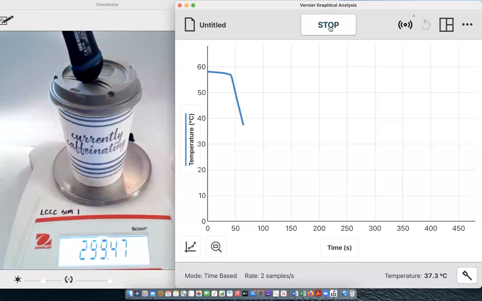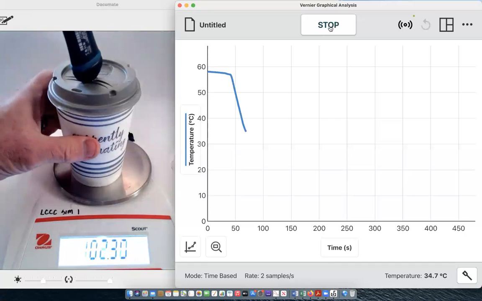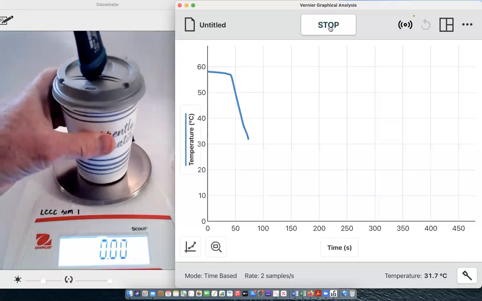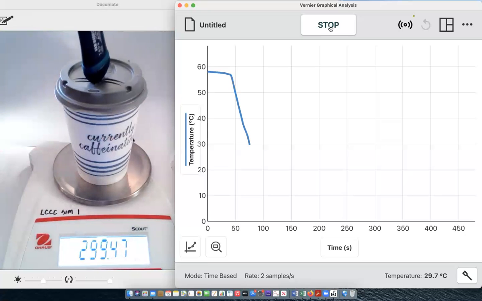And you can see the temperature is taking a very rapid dive during this experiment. I can swirl it every so often just to try to distribute the temperature and have that equally balanced.